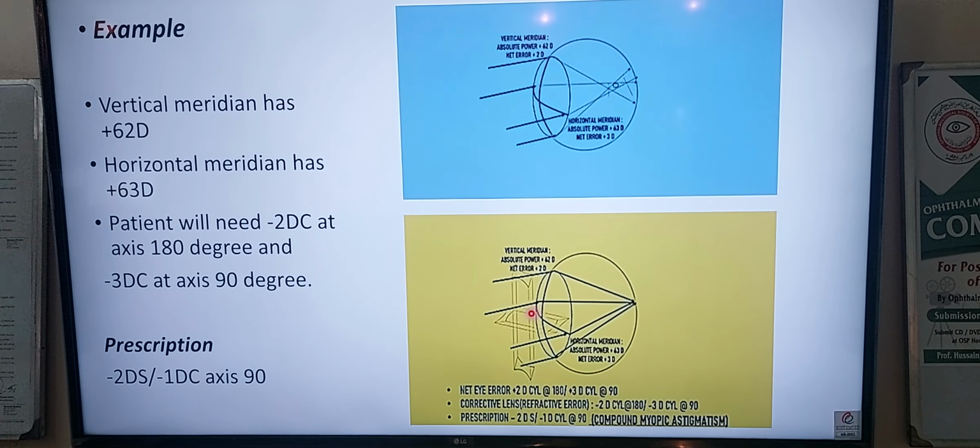After the cylindrical correction, the circle of least confusion is on the retina, and the patient can see clearly. The prescription will be minus 2 diopter sphere and minus 1 diopter cylinder at axis 90 degrees.